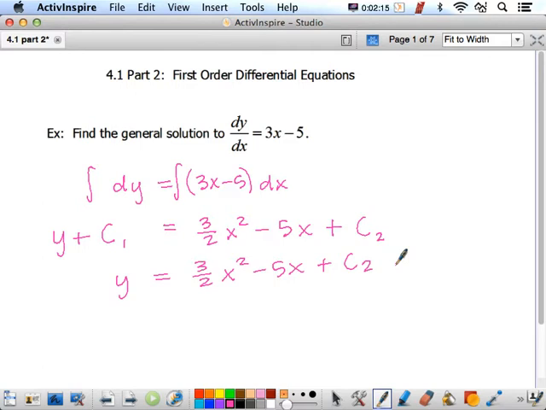But if I have two constants added or subtracted, you just have a single constant. Do you agree? If that were 5 minus 7, it would be negative 2. If that were 3 minus negative 7, that would be a positive 10. So we're just going to combine these two constants into one general constant.